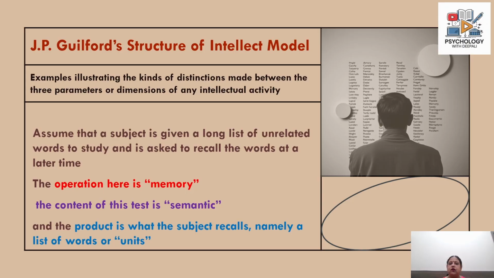The content of this test is semantic because it is using symbols which are conveying a certain meaning. And the product is what he is recalling. Now, how is he recalling? He is recalling it as a list of words. So basically, the product is units here. He is recalling single units or single words, and he's going to keep on recalling till he is able to get all the words correct.